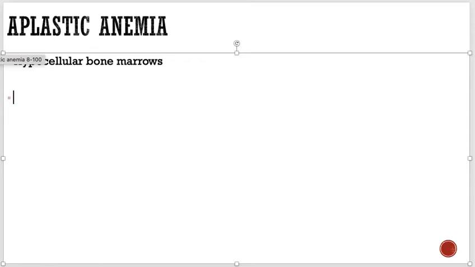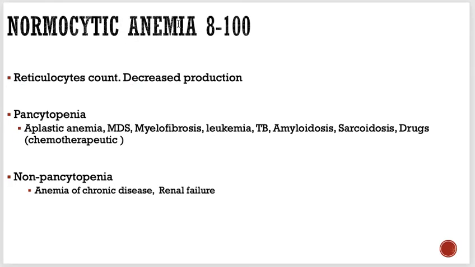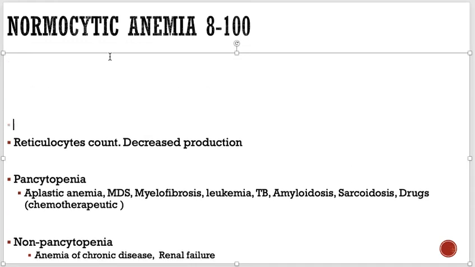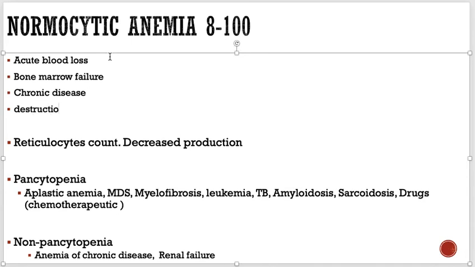A is for acute blood loss, B is for bone marrow failure, C is for chronic disease, and D is for destruction. Destruction means hemolysis.